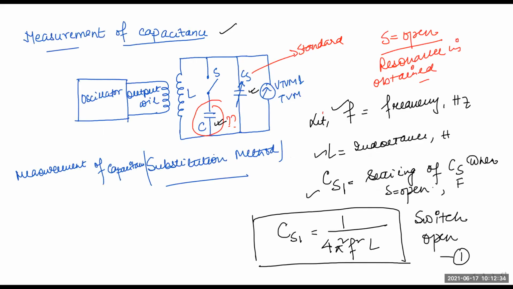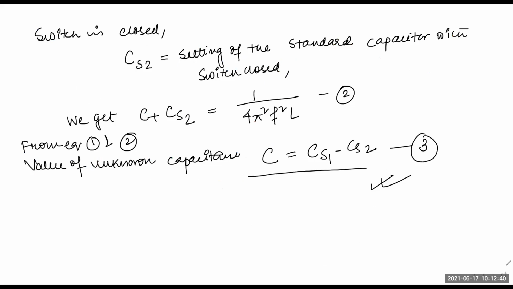Now let us move on to the next process, that is measurement of effective resistance. Under that you will be having two methods. Let us do the equations first, then we will do the problem.